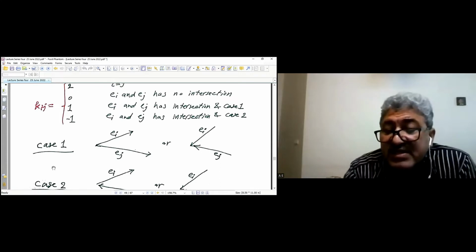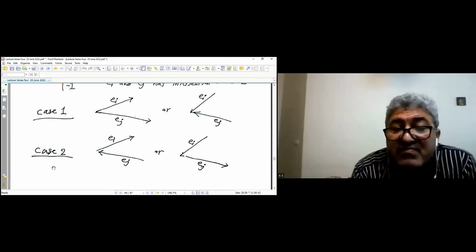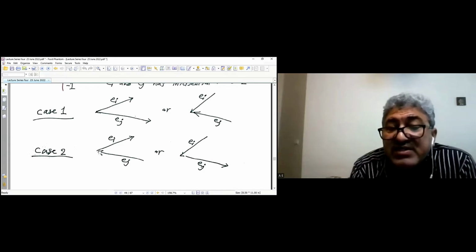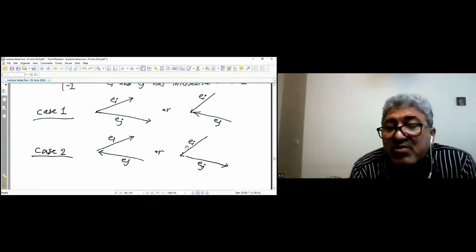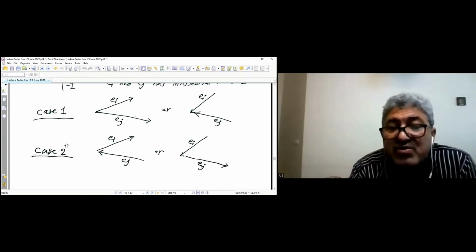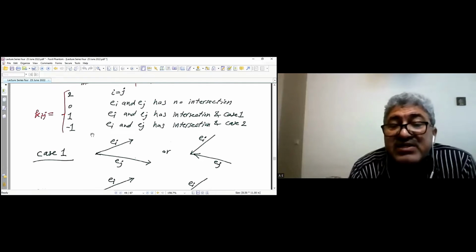And in the second case, if the direction of E_i is going out but for E_j is coming in, or E_i coming in and E_j going out, if we have one of these two cases, then the entry for E_i and E_j is -1.